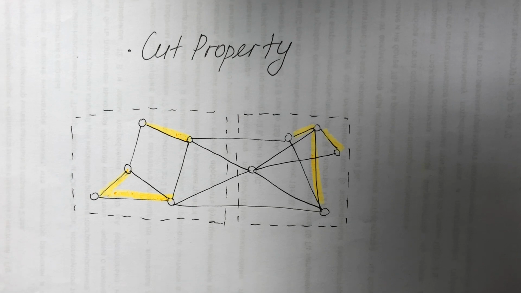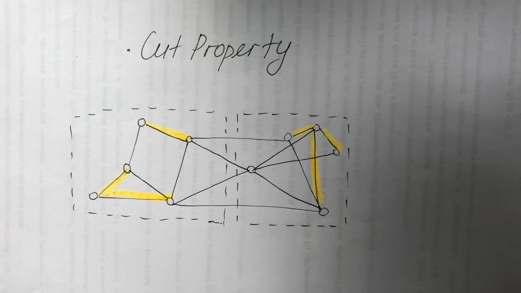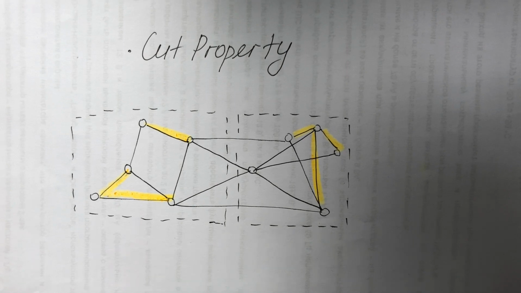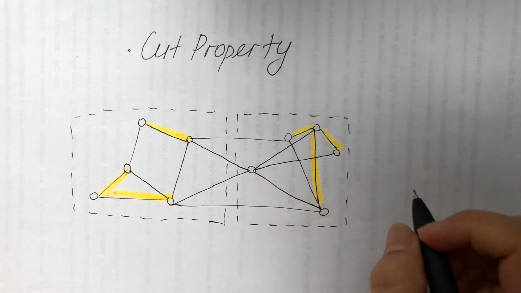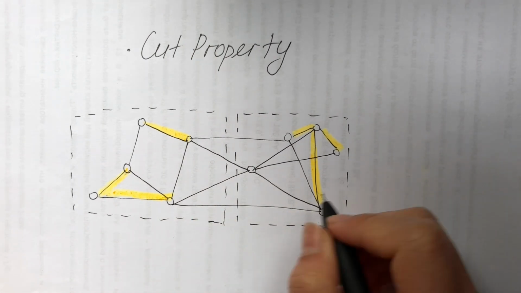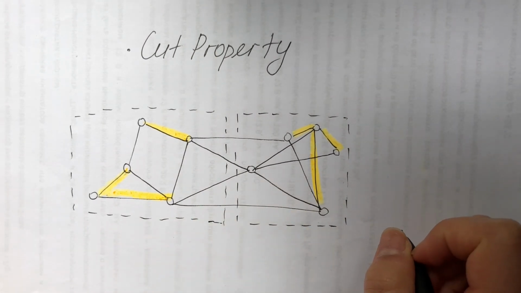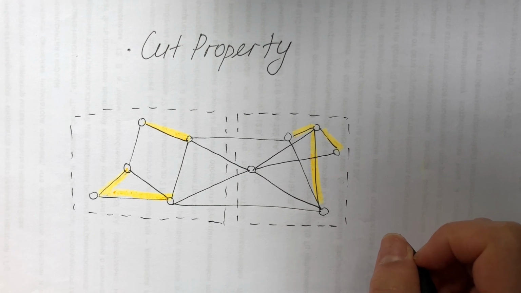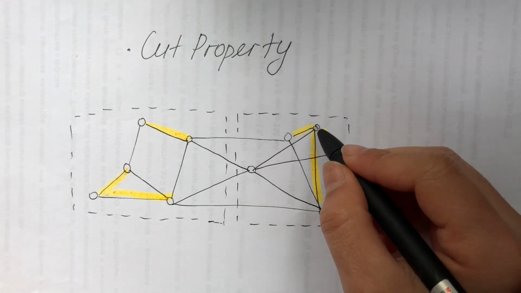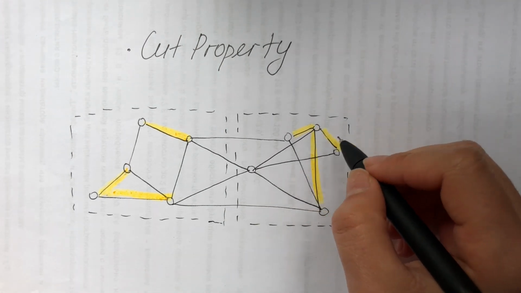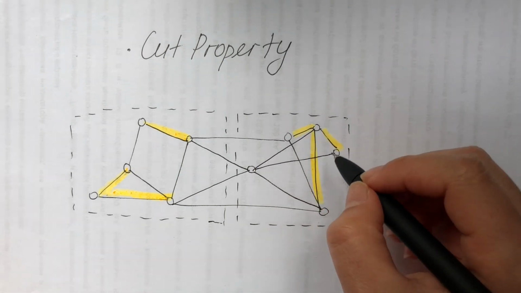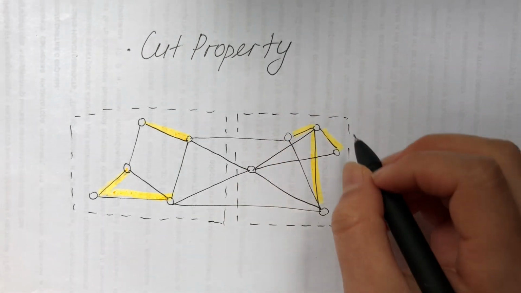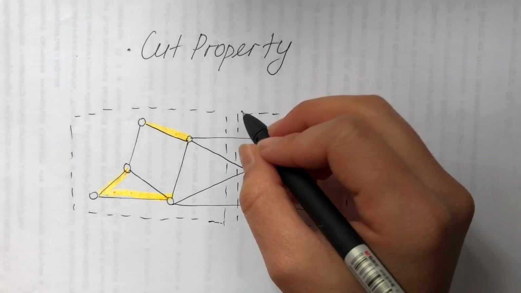In this example, we assume that we started to find the minimum spanning tree, and it is denoted by orange edges. And what is the cut property? It states that the vertices that are connected with each other are creating a cut.